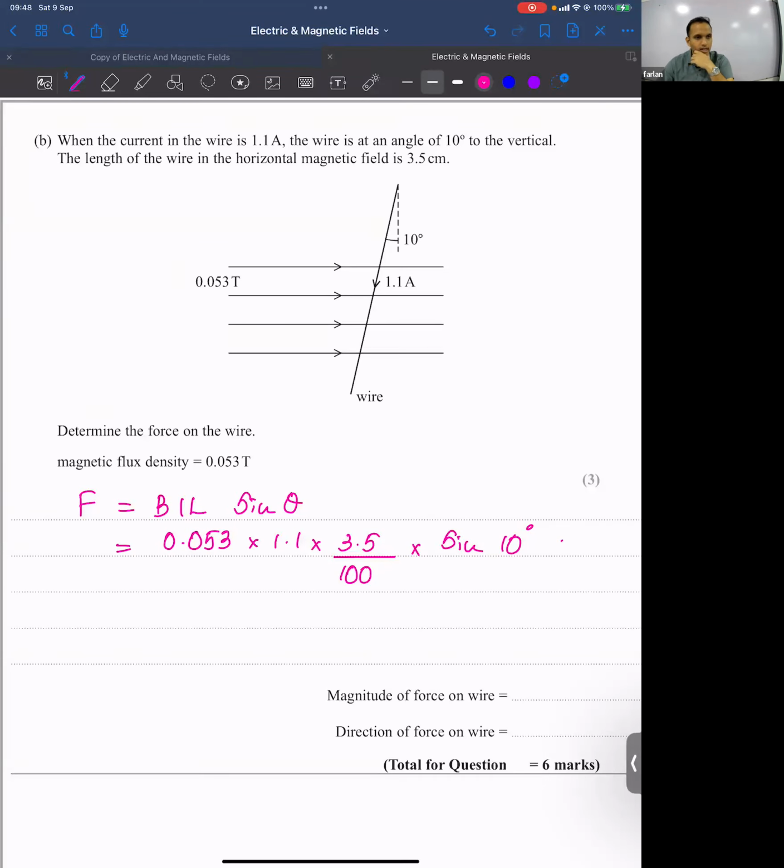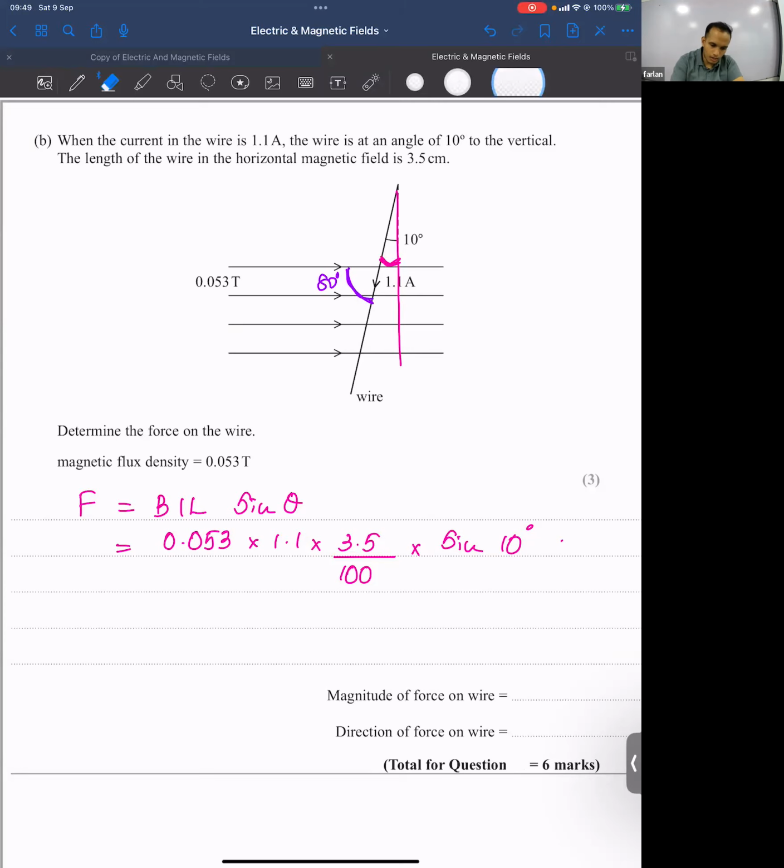Now here, what is given as 10 is not the angle between the magnetic field and the current. They have given this as the 10. If that is the 10, the angle between the magnetic field and the current is supposed to be this one, which is 80 degrees.